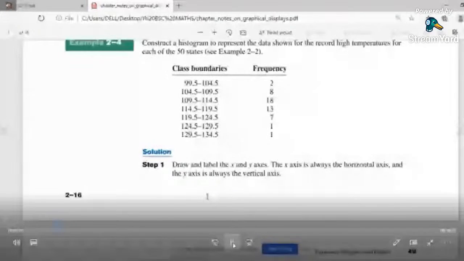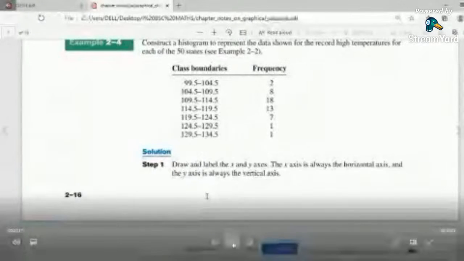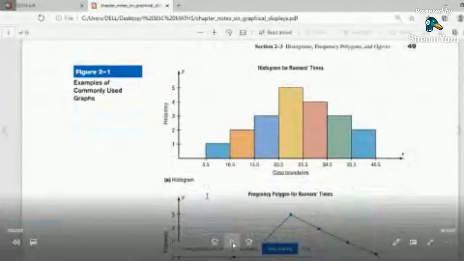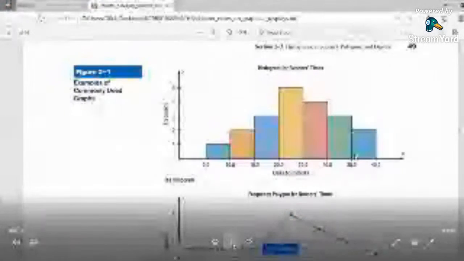So what amount is reduced? 94 is reduced from each of the class. So you can just find out the structure. And 104.5 to 109.5, that means 10.5 to 15.5, the frequency is 2, and all other frequencies are displayed here.